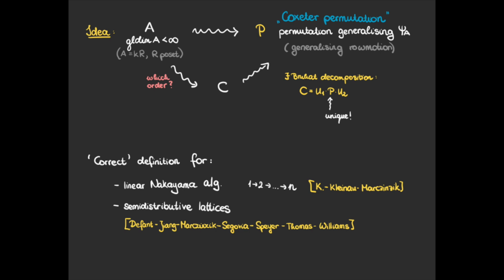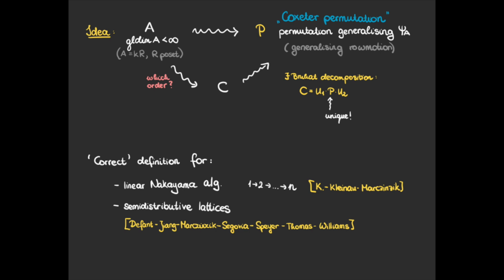So for lattices, there was a canonical choice, and we were lucky that it worked very well, and we got what we wanted. However, for general finite dimensional algebras, there is no canonical ordering which we could choose.